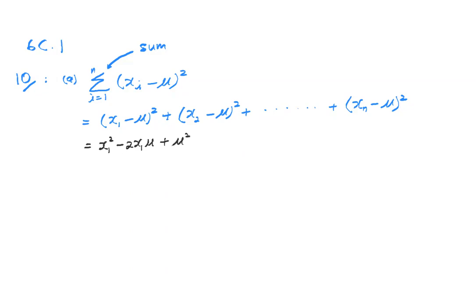This is pronounced mu, meaning the population mean. So this is the first one. Expansion of the second one, same pattern. Just copy, change the position only. Plus dot, dot, dot, the last one.